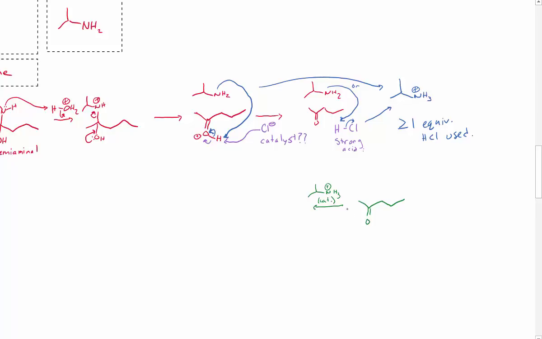And I should have one of those hydrogens drawn explicitly so I can deprotonate it. So the first step will be protonate the ketone. That gets us back to the same intermediate that we had above.